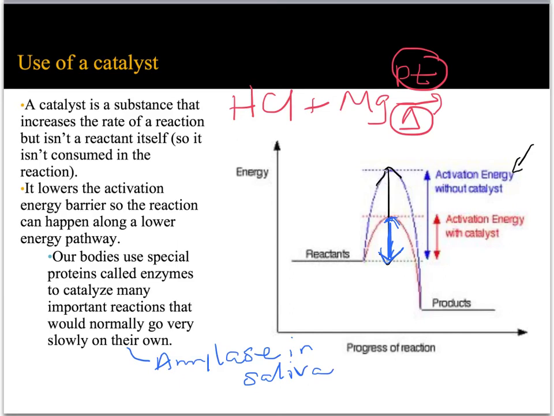And you may or may not have done a lab activity with some amylase. Another enzyme that I can think of off the top of my head is catalase, which is in our red blood cells. We actually see evidence of catalase when we use hydrogen peroxide. It's catalyzing, or speeding up, the decomposition of hydrogen peroxide.